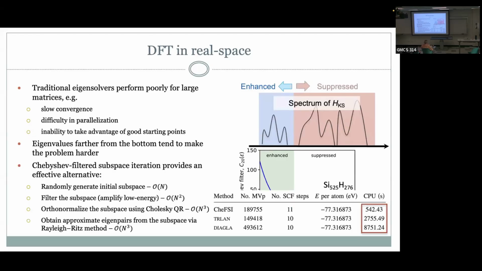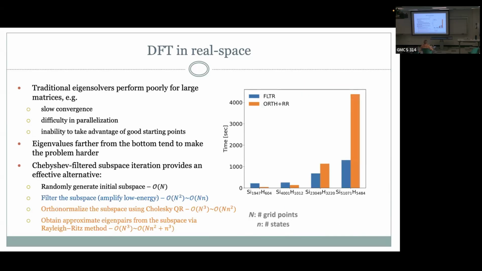In terms of comparisons with other methods, you can see the Chebyshev filtering method for the same system performs 5 or 6 times better than the next best method we have.